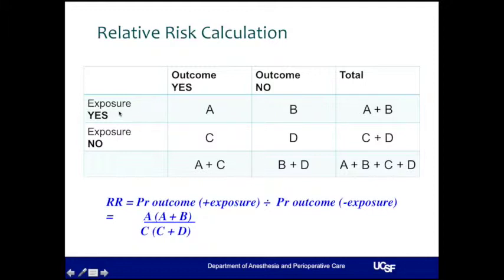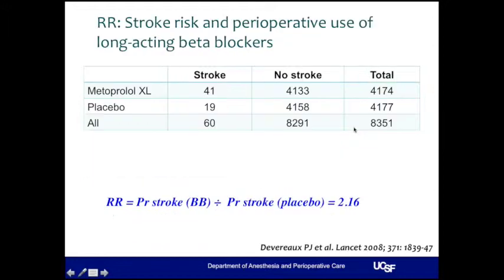So you can see the exposure here going from left to right, and you would divide A by A plus B, and divide that by all the folks who didn't have the exposure, C over C plus D, and that will give you a relative risk calculation.